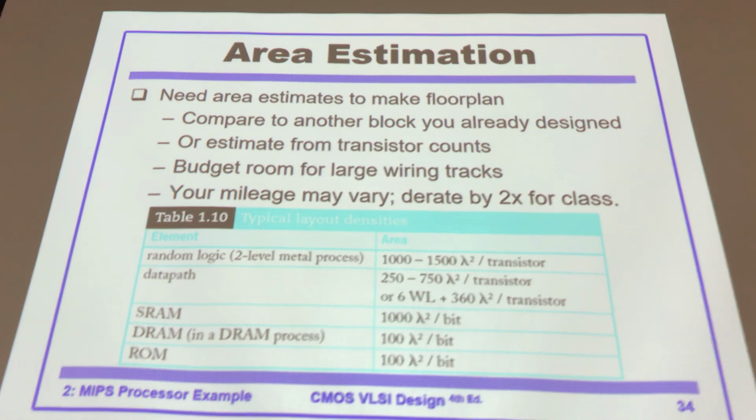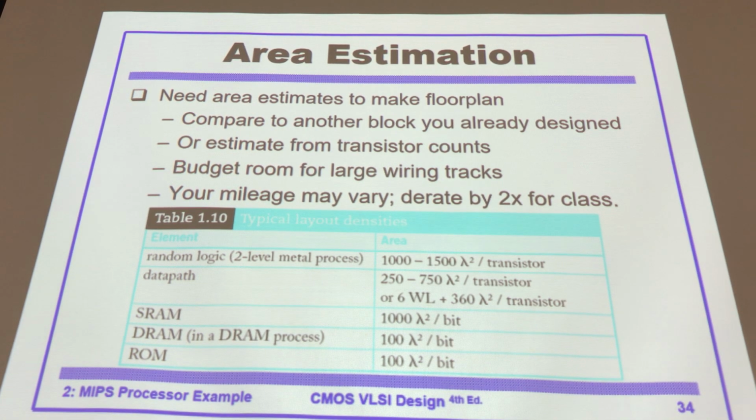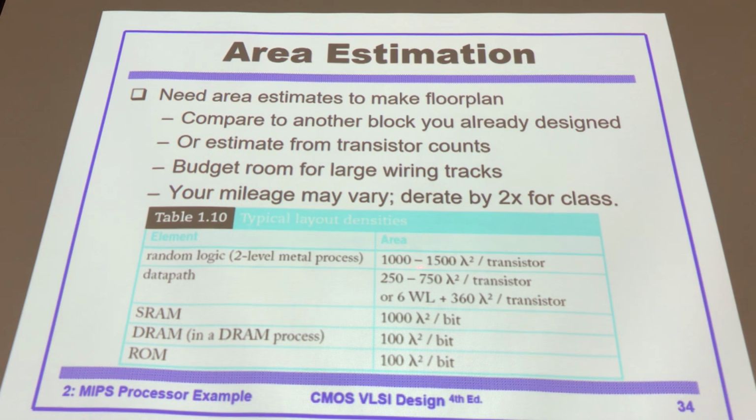Well, it's typically based on empirical numbers. For example, here it shows some numbers for different circuit types. Random logic, given a 2-level metal process, each transistor consumes 1,000 to 1,500 lambda squared.